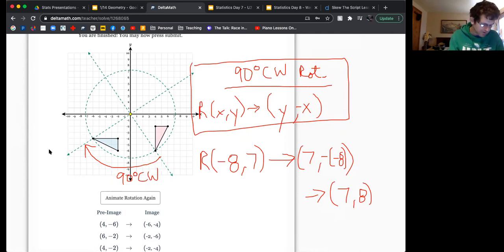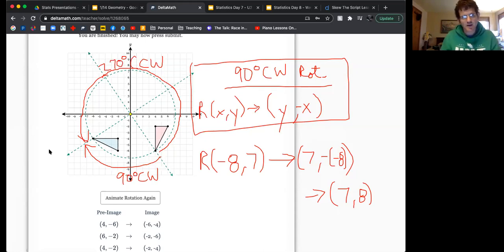So I'm going to go in the other direction now. That's 90 degrees counterclockwise. That's 180 degrees counterclockwise. And that's going one more. That's 270 degrees counterclockwise. So it turns out that 90 degrees clockwise is the same thing as 270 degrees counterclockwise.